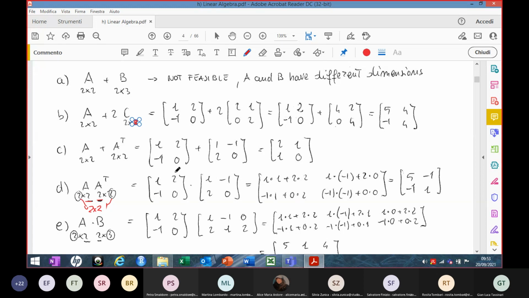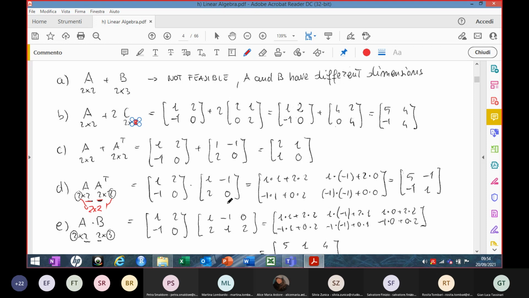Then you have to multiply the first row of A times the second column of A transpose, and you write the result. After having exhausted all the operations involving the first row of A, go to the second row of A, and here you have to report the product between the second row of A and the first column of A transpose, and here you have to report the product between the second row of A and the second column of A transpose.